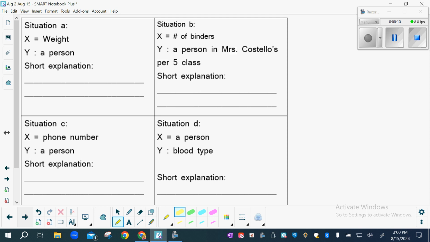Yes. So is that a function or no? No. So we can say more than one person weighs that. We can even list that specific example.